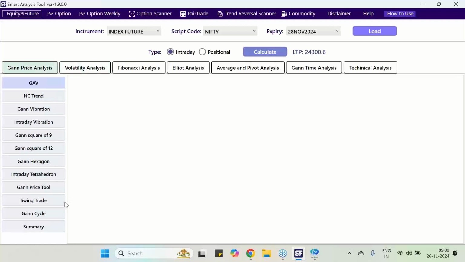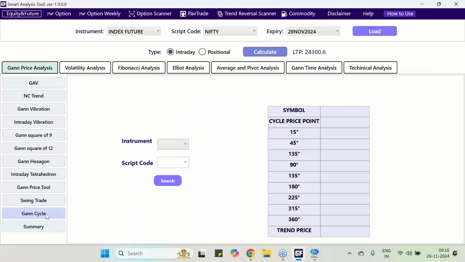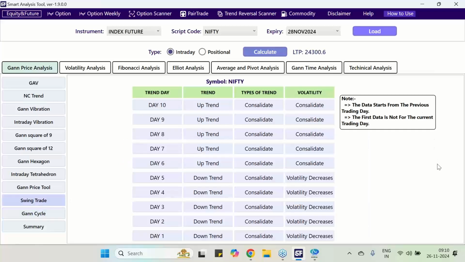In the Gann study, if you go to Gann cycle, yesterday's closing was 24,300.6. If we go for the swing action, this is newly added. Those who update will get it.